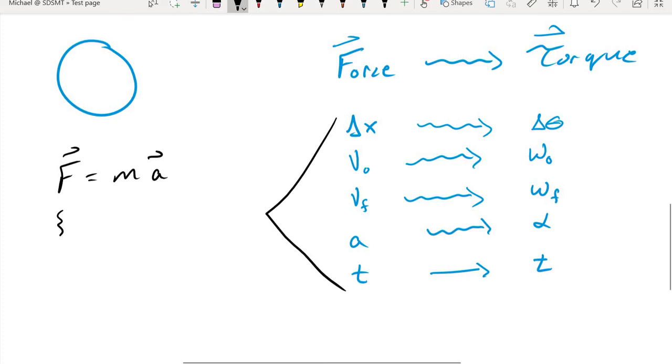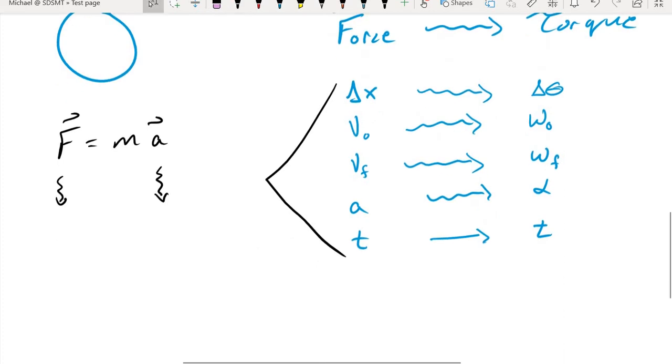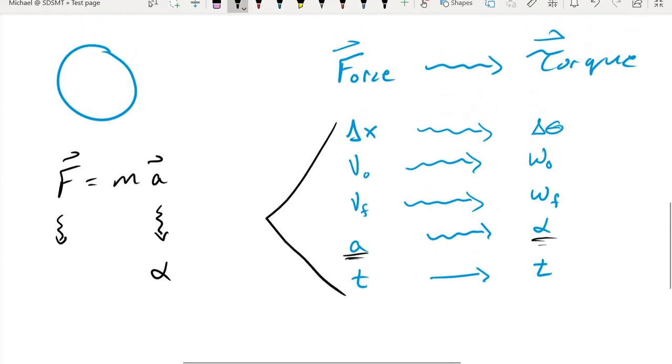And let's try rewriting it using the angular equivalence that we've come up with. Now, we already know what our angular equivalent for acceleration is going to be. It's going to be angular acceleration. And we said that instead of force, now we're going to use torque.